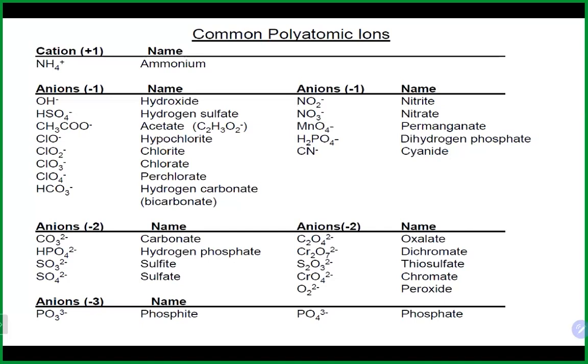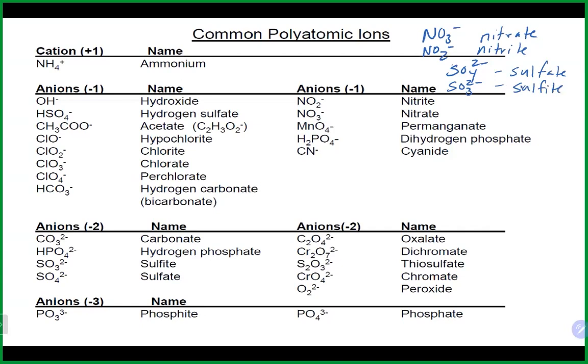For example, we have NO3-, which we just saw is nitrate, and we have NO2-, which is nitrite. We have SO4 2-, which is sulfate, and SO3 2-, which is sulfite.